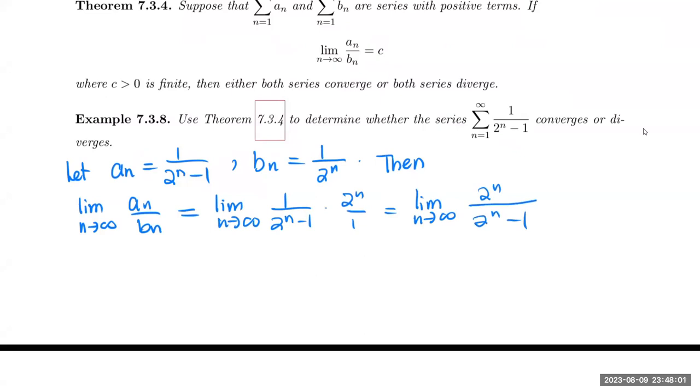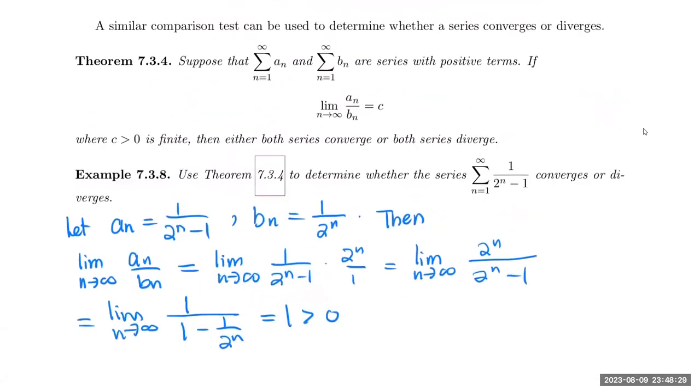So I'm going to divide the numerator and the denominator by 2 to the power n, so that now we have the limit as n approaches infinity of 1 divided by 1 minus 1 divided by 2 to the power n. As we send n to infinity, this entire thing is going to go to 0. So that means the limit here is equal to 1, which is greater than 0.